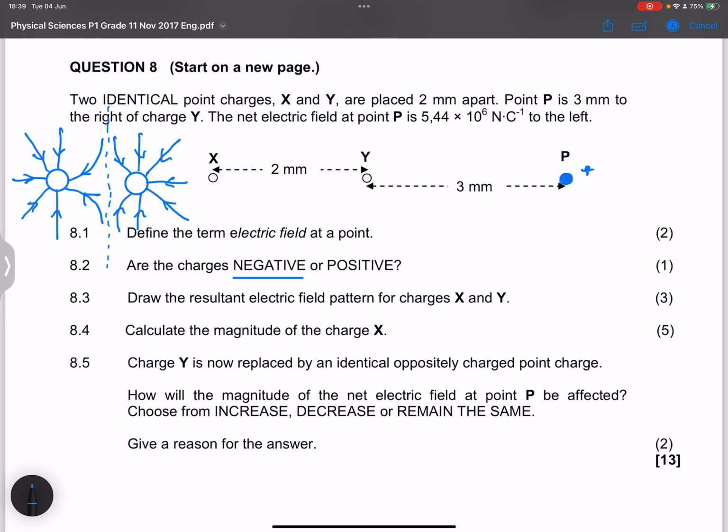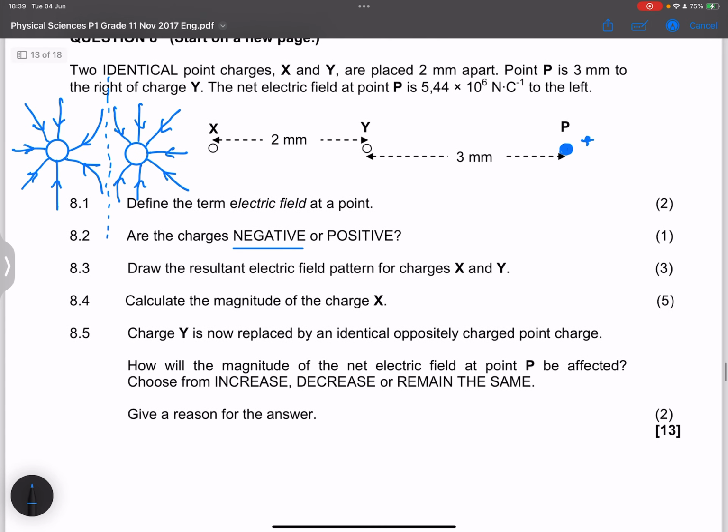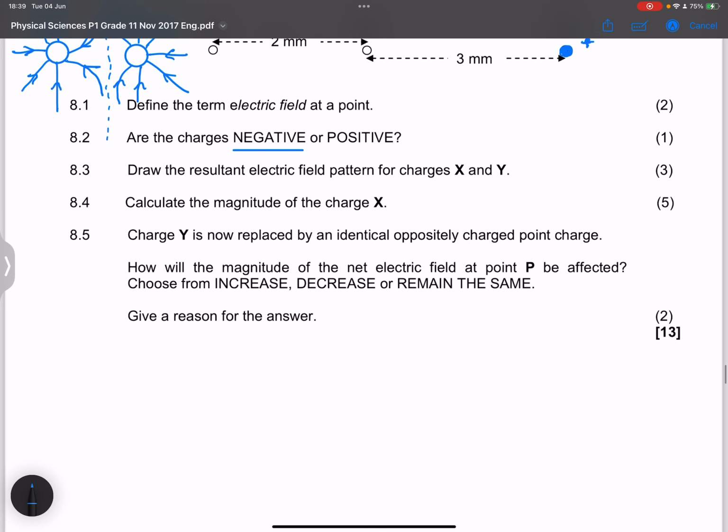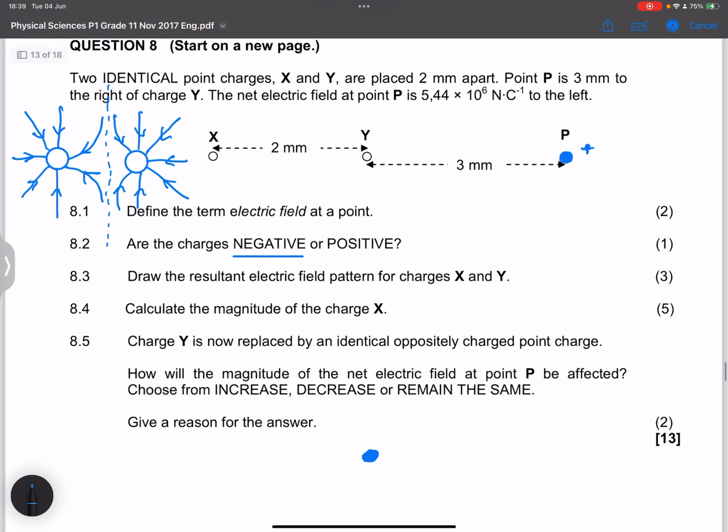So they say to us, calculate the magnitude of charge X. Now, remember that you've got the electric field that will be on P because of X and because of Y. So X would be attracting that point charge, so EX.